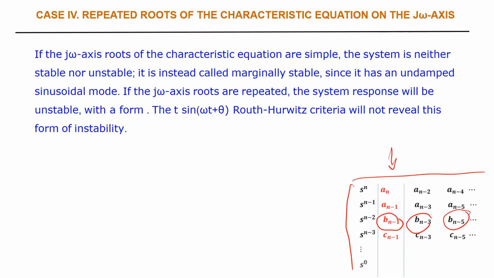However, the way it's being treated is to look into the row before it, and we form what we call the auxiliary equation. The auxiliary equation is always an even polynomial.